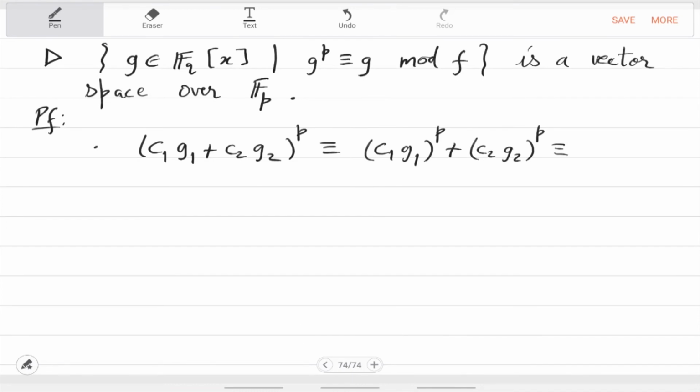And then you know that c1 to the p is c1, which is why we said Fp. And g1 to the p, g2 to the p, you have taken from the solution space. So this is c1 g1 plus c2 g2. Okay, this is the proof. So this solution set is actually a vector space over the base field, the prime field.